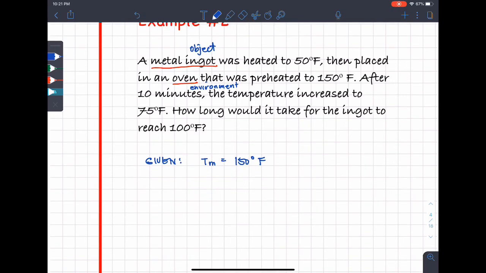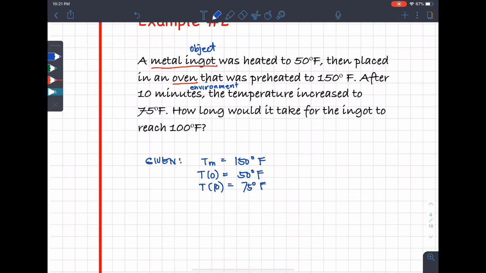And then initially, the metal ingot was heated to 50 degrees Fahrenheit, so when time is 0, the temperature of the body is 50 degrees Fahrenheit. And then after 10 minutes, the temperature increases to 75 degrees Fahrenheit.